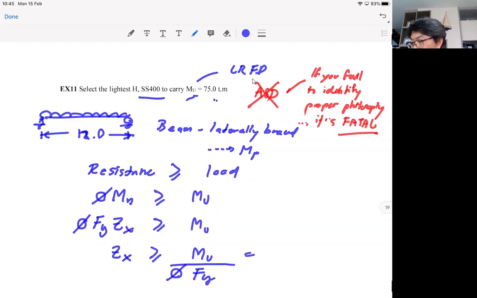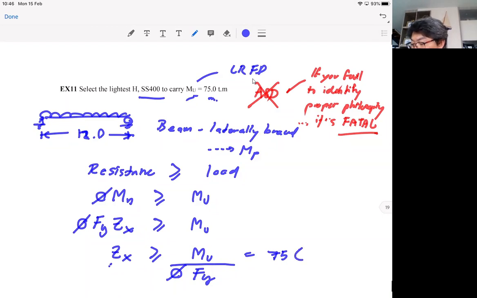So your Mu is 75 ton meter. Now all you have to do is take care of your unit, okay? 75 is in ton meter, but you're probably going to pick the section with the plastic section modulus in centimeter. So we better change this into the kilogram centimeter unit, right?